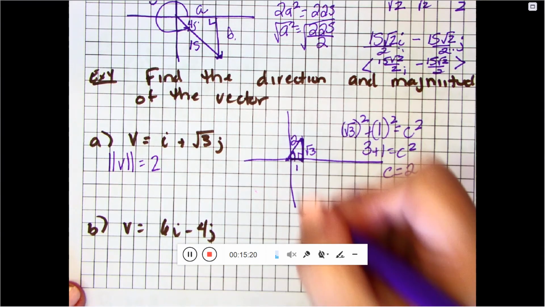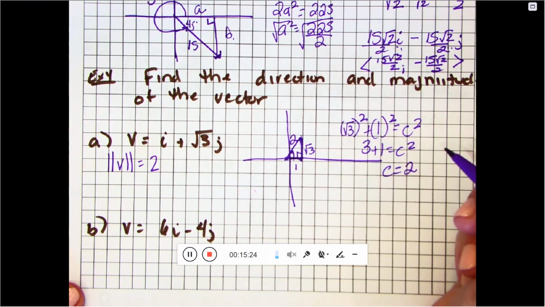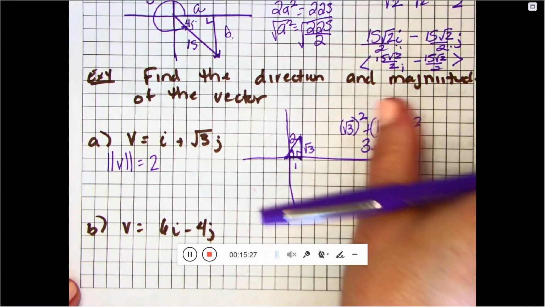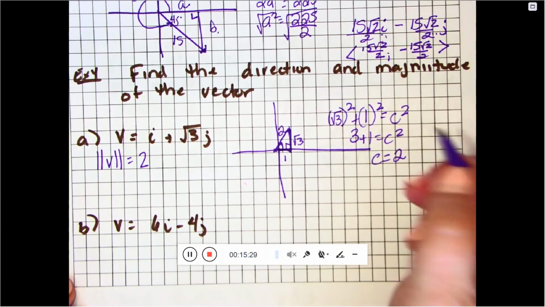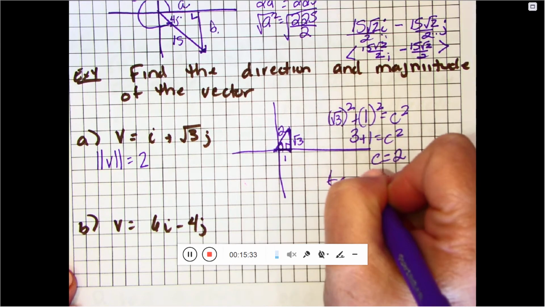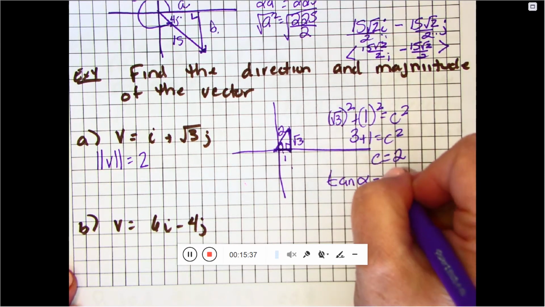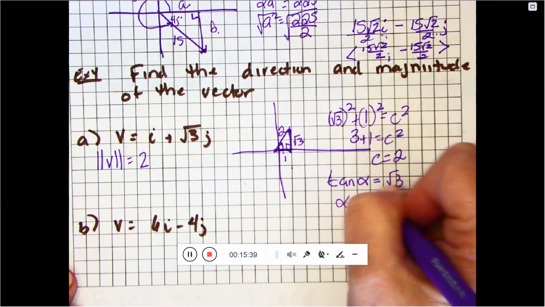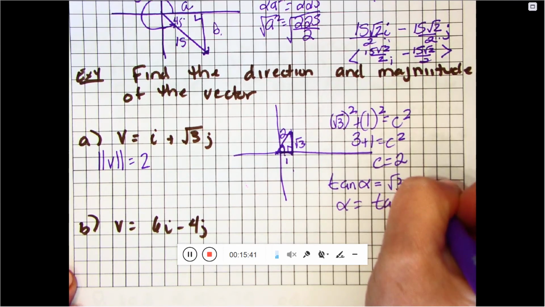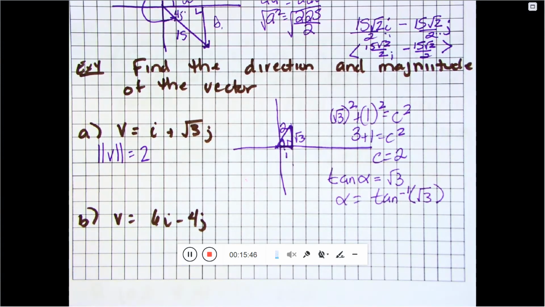Now what is the angle? Well, we can either use our unit circle, or we can say we know that the tangent, let's call that angle alpha, the tangent of alpha is opposite over adjacent is rad 3. So alpha is the tan inverse of rad 3. And so that means what angle on the unit circle has a tangent of rad 3?